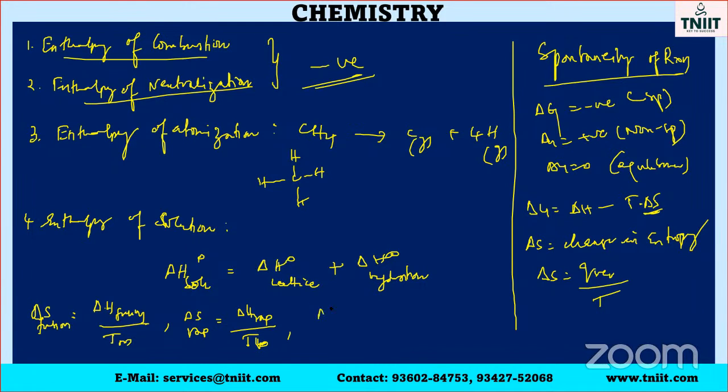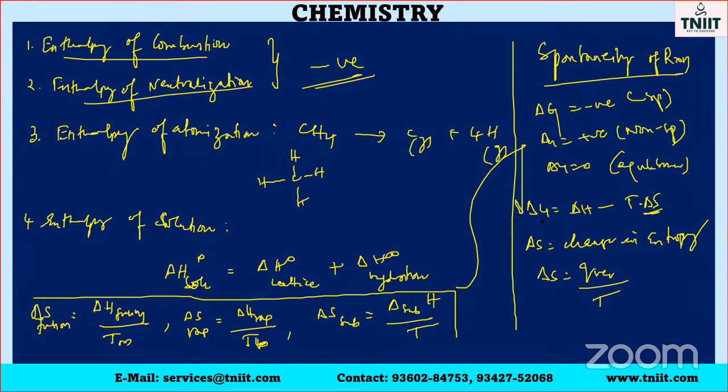Likewise, entropy change during sublimation is given by enthalpy of sublimation by the temperature. So these are the formulas to calculate the entropy change. Based on this, the Gibbs equation is delta G equals delta H minus T into delta S.